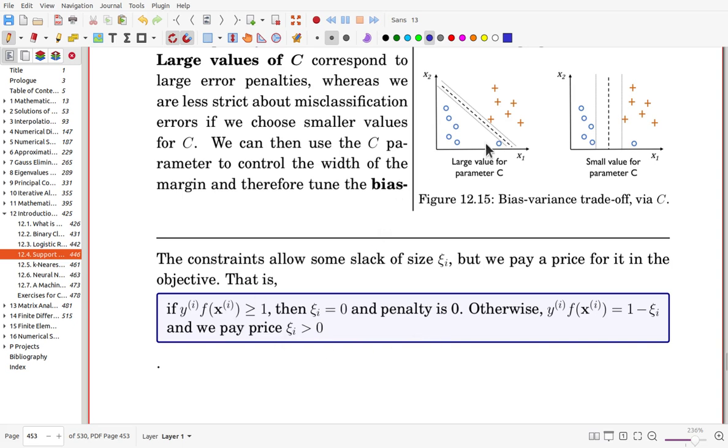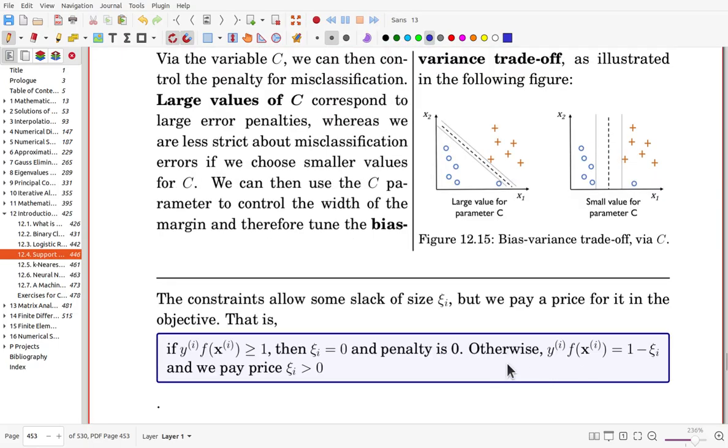So for the points on the right side, we don't need a positive slack variable. Otherwise, the price is positive, because this equation must be satisfied once the point is on the other side, so we pay the price psi i, a positive value.